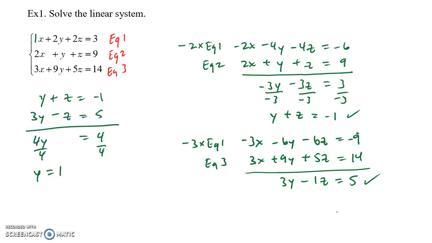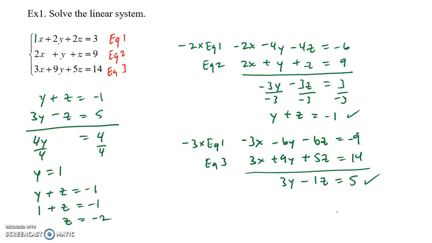First, determining z, we can use either of the two equations we just paired together. Let's use y plus z equals negative 1. Okay, if we substitute 1 for y, and then solve for z, subtracting 1 from both sides, we obtain z equals negative 2.